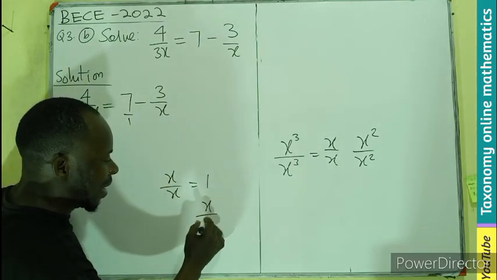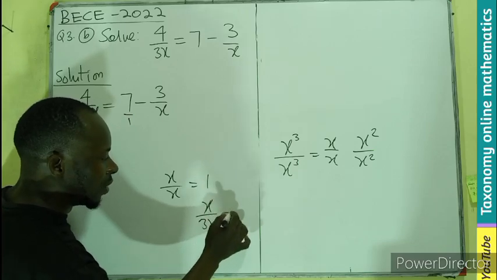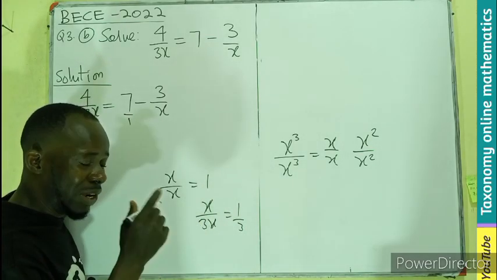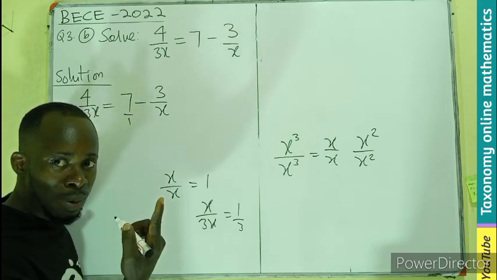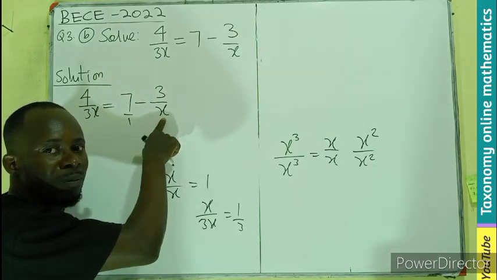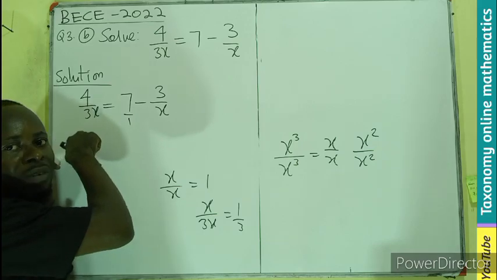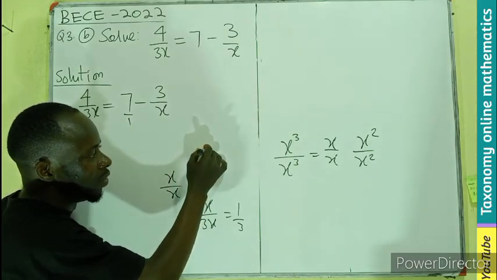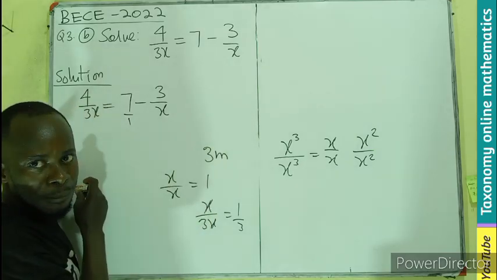Then your x divided by 3x will cancel to give you 1 on 3, which is a fraction. So even though the powers will be 1 or single power, we cannot pick this one because these have the product of the x. So our LCM is going to be 3 and the x.